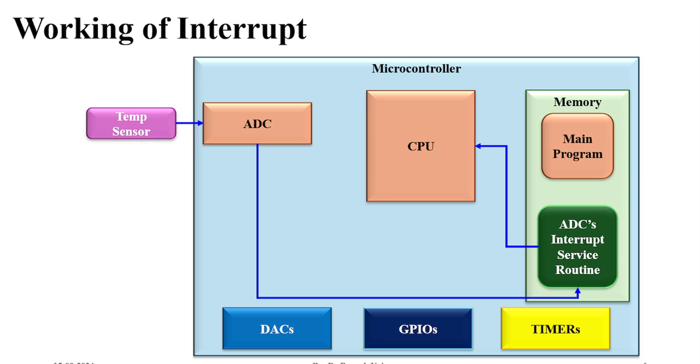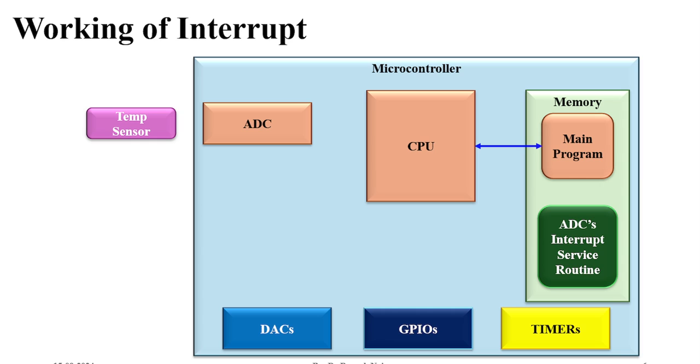So basically the ADC will use the interrupt service routine, and that interrupt service routine will give the data to the CPU. This will take a very small instance of time, and it will complete its job. After that, the CPU can return to the main program.